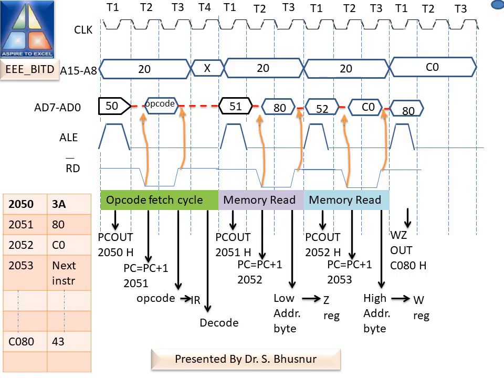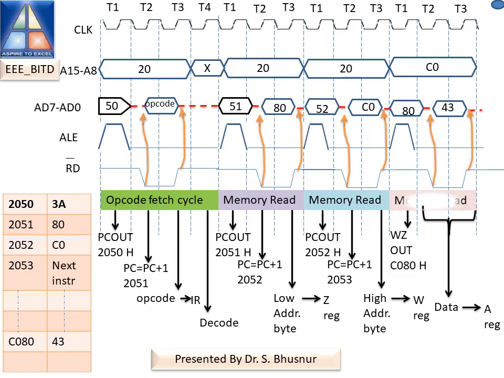So C080 is put out, meaning this memory location is selected, and then when the read signal comes, it will release that 43 onto the data lines, and because it was decoded earlier, this data will be written into the A register. So you can see that the last memory read machine cycle corresponded to the execution part, and therefore the address was not sent out from the program counter as usual.